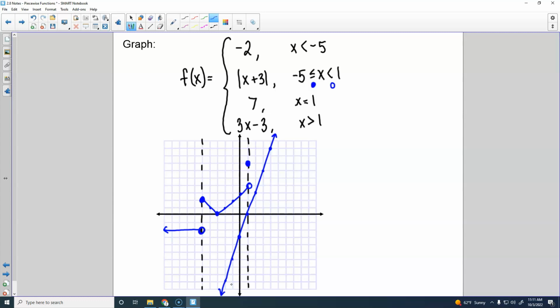And I only use this for x greater than 1, so I need to get rid of this left-hand side of this graph. That part right there is gone. And should I use an open or a closed circle for this endpoint right here? Open circle because it's just a greater than sign right there.